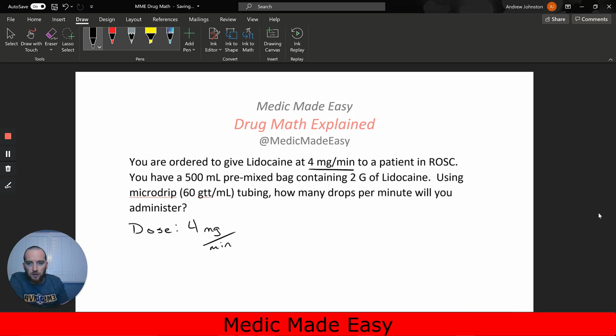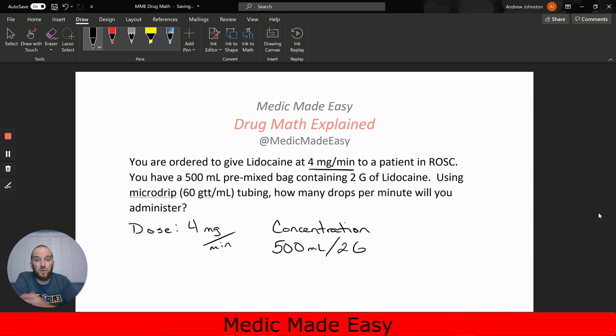We also have a 500 milliliter premixed bag that contains 2 grams of lidocaine. So that's its packaging, or the concentration is another way of saying that. So the concentration of lidocaine that we're carrying is a 500 milliliter bag containing 2 grams, right?